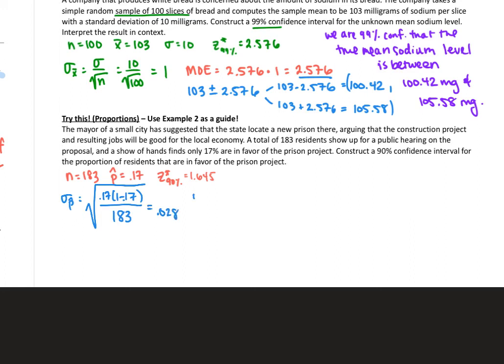Then our margin of error is going to be z star, 1.645, times the standard deviation, which is about 0.05. So then to calculate my confidence interval, it's going to be my estimate, 0.17, plus or minus my margin of error, 0.05. So my lower bound is 0.17 minus 0.05, and my upper bound is 0.17 plus 0.05. So my lower bound is 0.12 and my upper bound is 0.22.